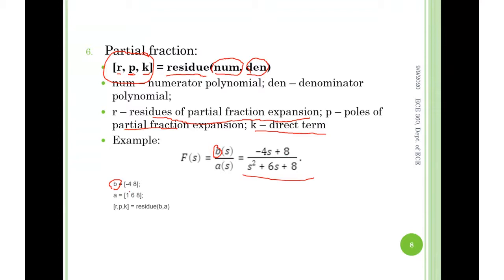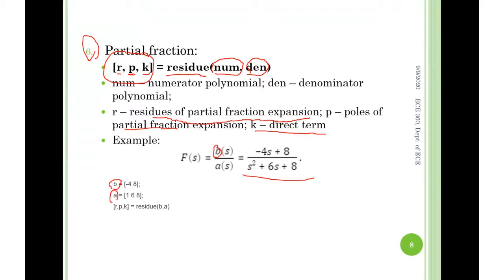This is how you input a polynomial of S. You learned that before, because we have 1 through 5 before this 6. So 4, 8 means 4S plus 8, a polynomial of S.